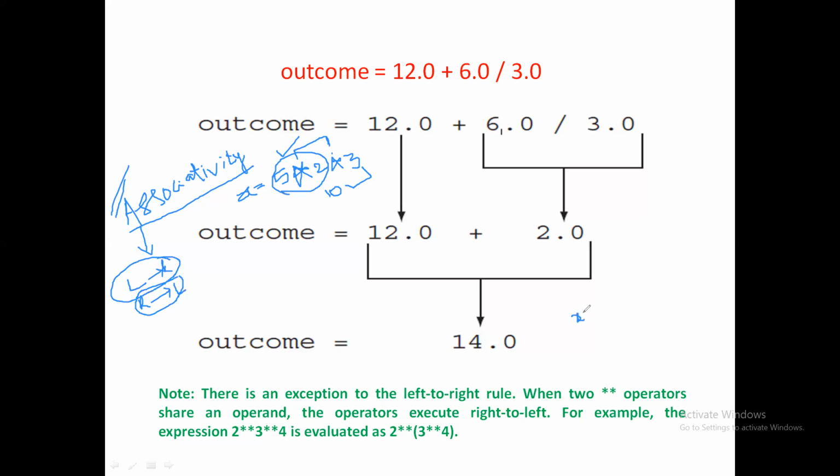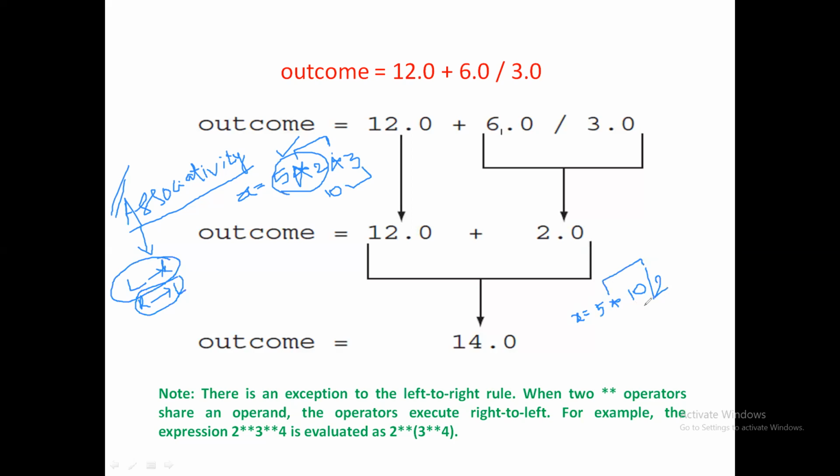Look at one more example. Suppose x is equal to 5 into 10 by 2. Here also star and division have equal precedence.